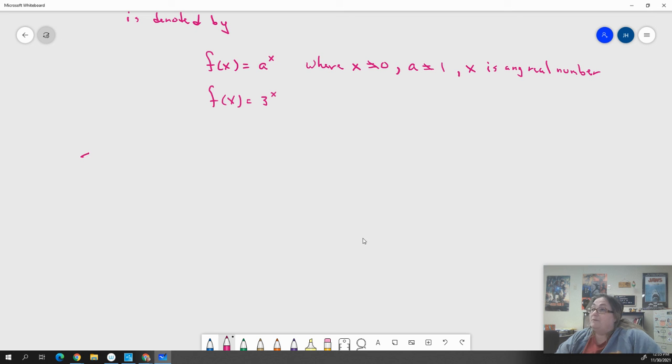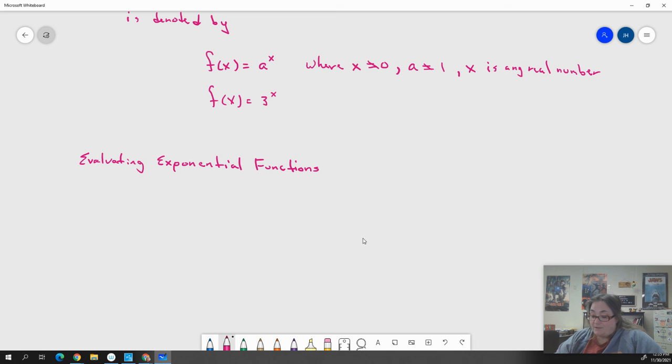But we're going to start with evaluating exponential functions. When we say evaluating anything in math, they're basically going to give you a value to put in, and you have to come up with a result.